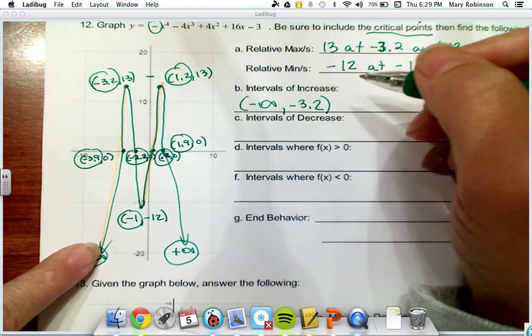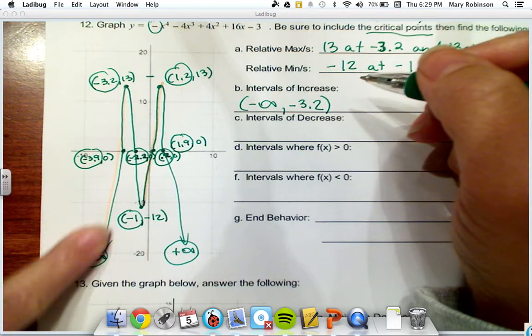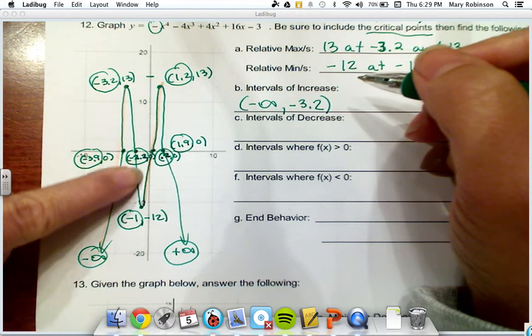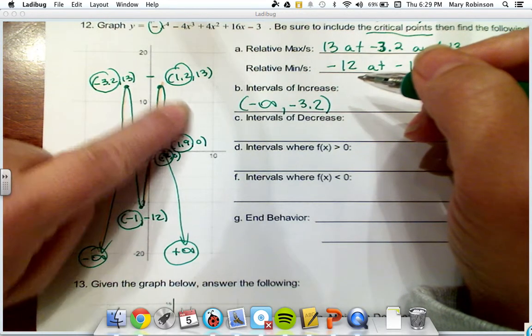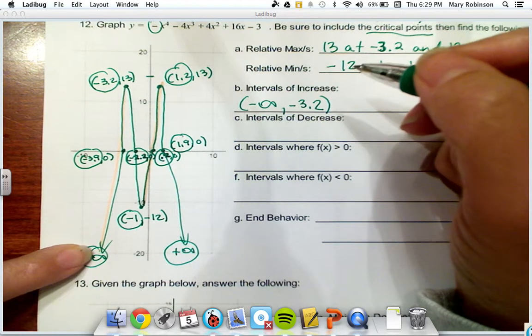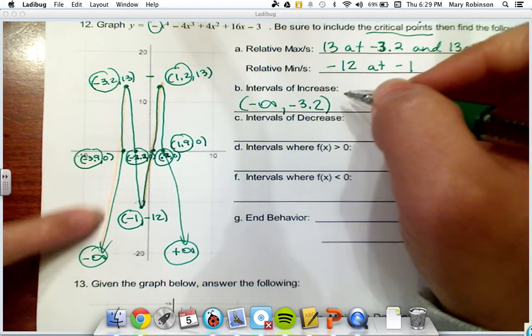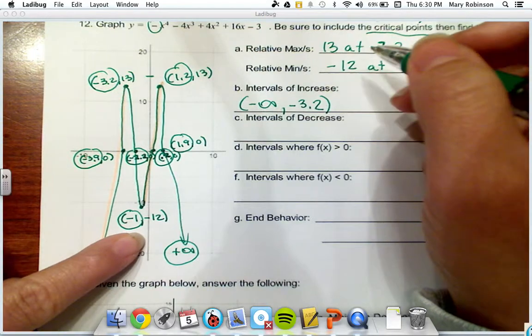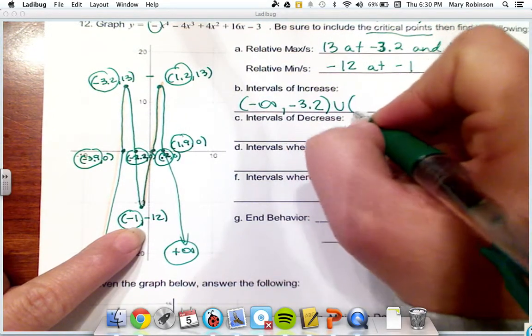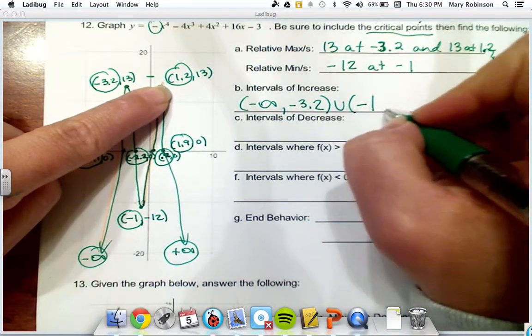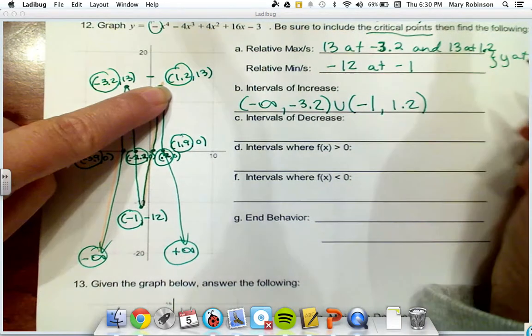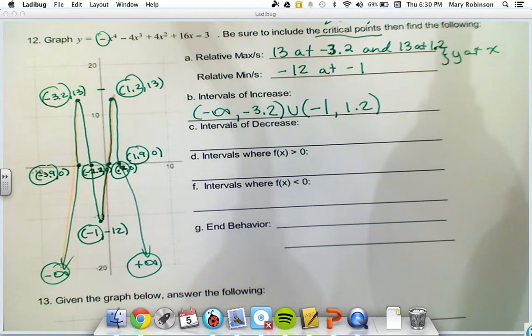So if you're riding this roller coaster from left to right, you're going to increase, then decrease, then increase, then decrease. So again, our increasing intervals are from negative infinity to negative 3.2, and also from negative 1 up to 1.2. And notice you don't write the word and, you put the little interval symbol there.